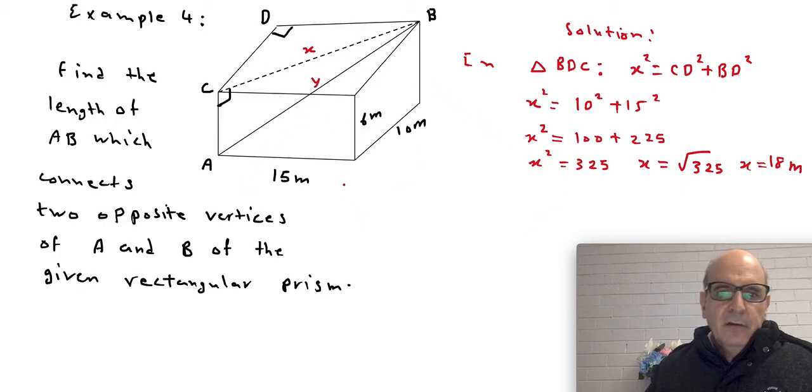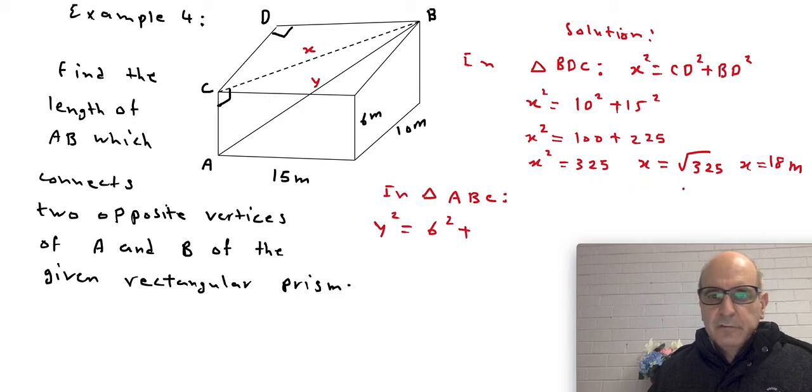Then now I'm working on triangle ACB, this triangle. This is again a right angle triangle where Y is the hypotenuse. So in triangle ABC, we have Y squared, which is the hypotenuse, is equal to this squared, which is the same as this, which is 6. 6 squared plus this squared, X squared, which we just found.